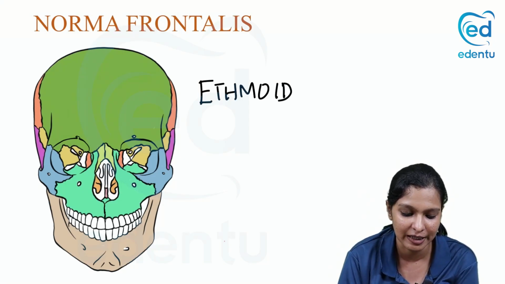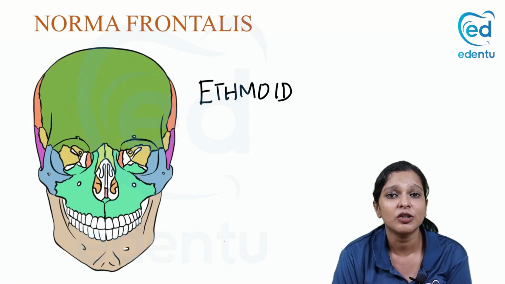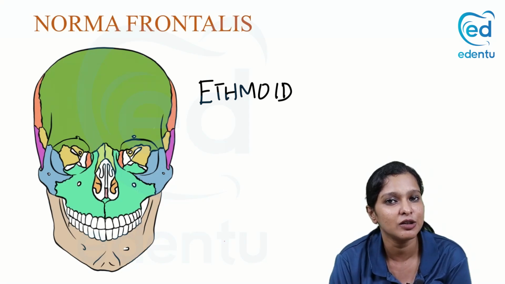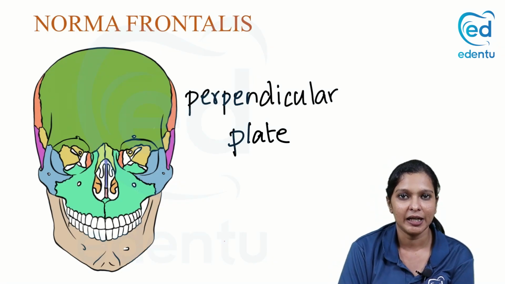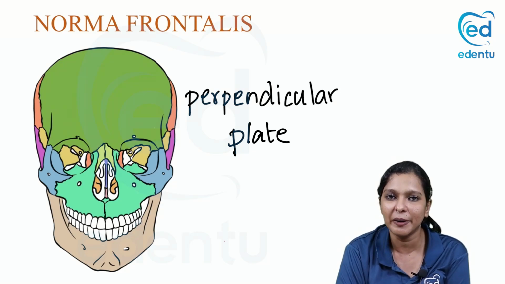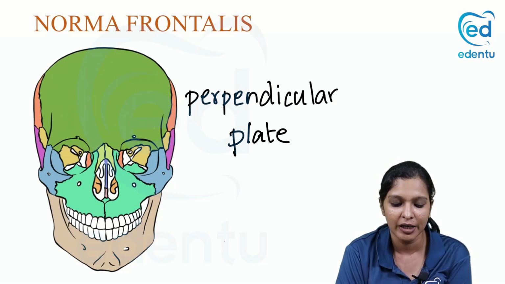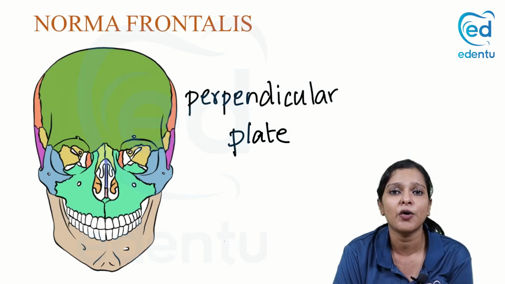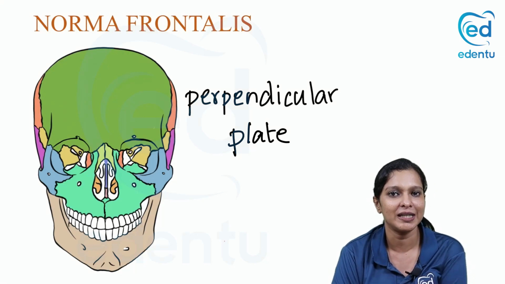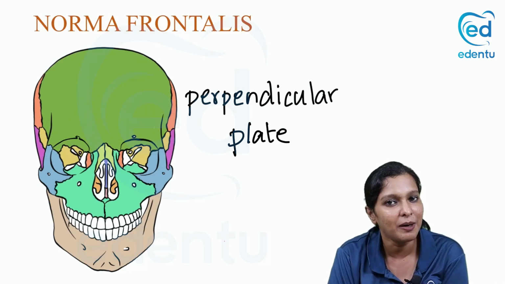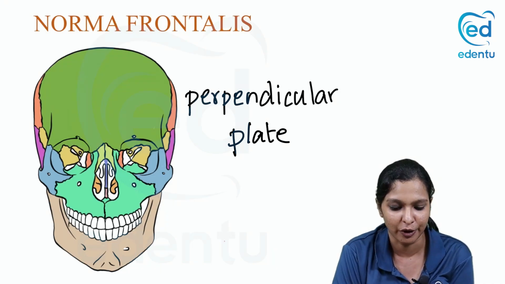Now we'll see the next bone, the ethmoid. This is the bone that has the middle and the superior nasal concha. Before that, in the midline, joining the vomer is the perpendicular plate of ethmoid. Can you tell me which wall is formed by this perpendicular plate of ethmoid? The medial wall of the nasal cavity is formed by the perpendicular plate of ethmoid.